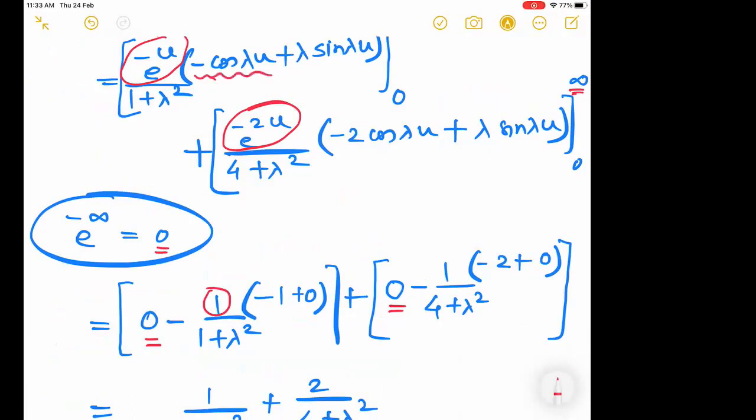So cos 0 means 1. So with the negative sign. Sin 0 is 0. Correct? And the second term the same way. Again cosine 0 is 1. So we'll get minus 2. And sine 0 is 0. Just putting the limits. Nothing different. Okay, got it?